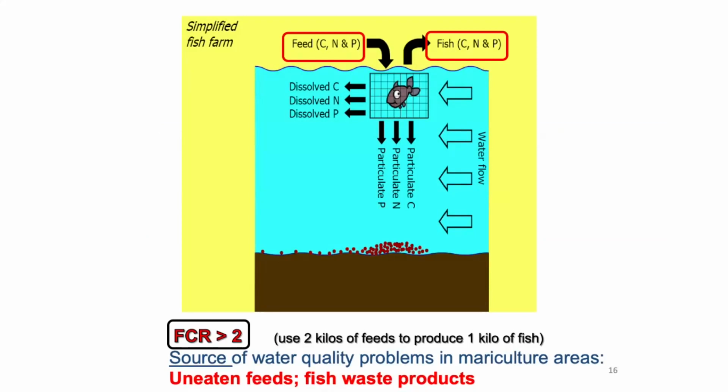This is because the owner desires to produce bigger fish. As a result, 1 kilo of feed is uneaten or wasted, and so the carbon, nitrogen, and phosphorus in the feeds dissolve in the water column or settle as particulate material to the sediments. Hence, the source of water quality problems in mariculture areas are the uneaten feeds and fish waste products.